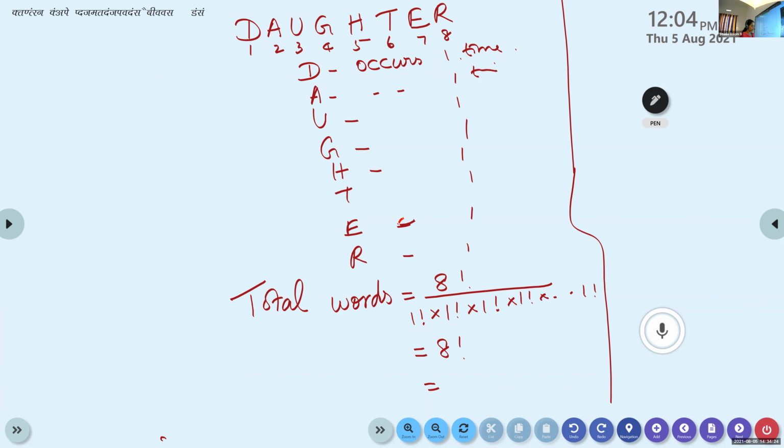8 factorial, we can write this as 5 factorial into 6 into 7 into 8. 5 factorial is 120, into 7 6s are 42, into 8. Now multiply this and give the answer.